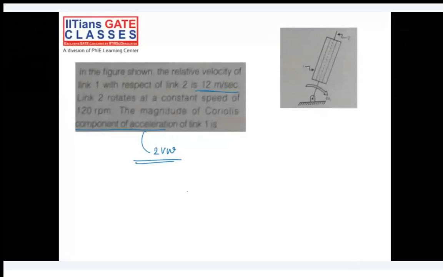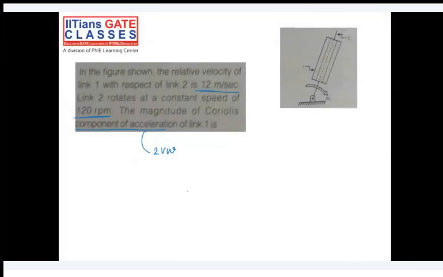Just check it once. The Coriolis component is the multiplication of 2 times the velocity of the slider into the omega of the link which is rotating. Coriolis component comes only when you have a turning slide pair, as shown in this figure. Can I move towards the next slide?